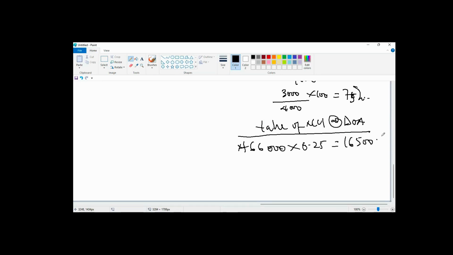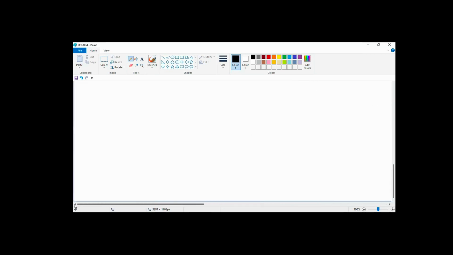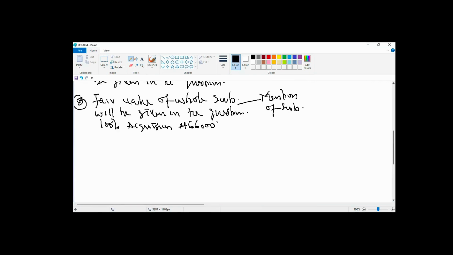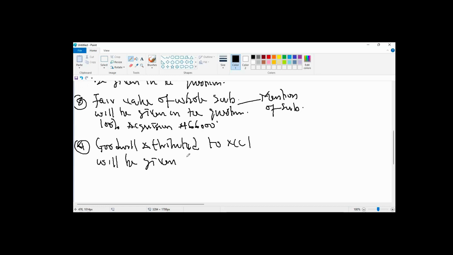Any question for me? The last one, indicators of fair value. The question will now supply me the goodwill attributed to NCI. Goodwill attributed to NCI will be given in the question.